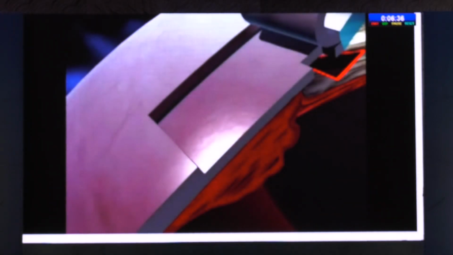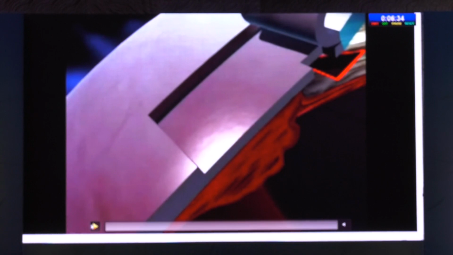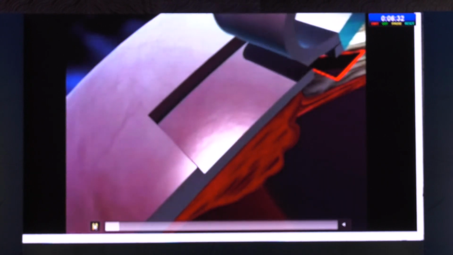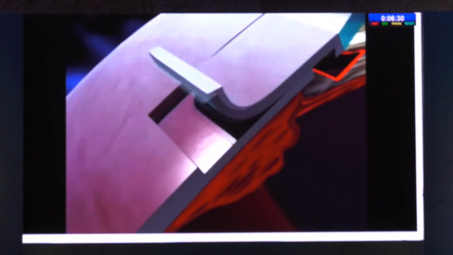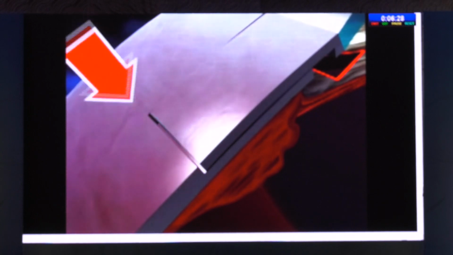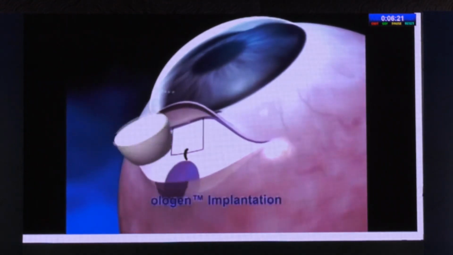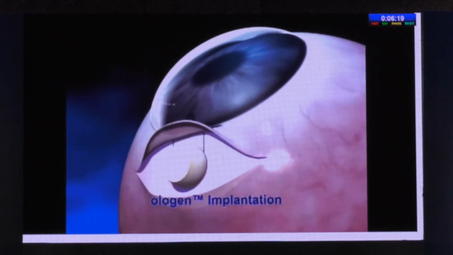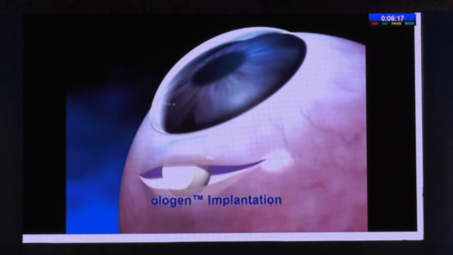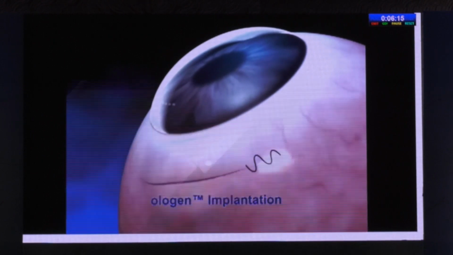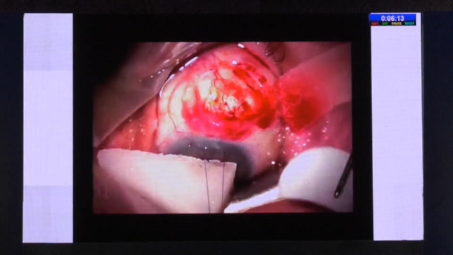So just an animation to show how we implant this Ologen. After suturing your scleral flap, we put one releasable suture and one non-releasable suture. You can modify your own technique, and then this Ologen is implanted onto the scleral flap, and then you get the watertight closure.